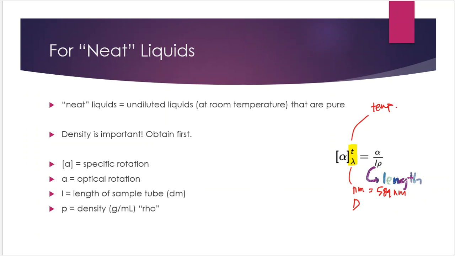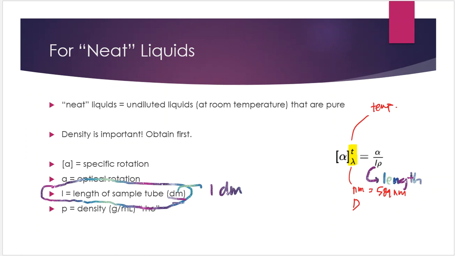It just really depends on what you need and why you need it. So very often in the USP-NF monograph, this sample tube is going to be provided in units of decimeter, and decimeter is typically a 1 decimeter tube.